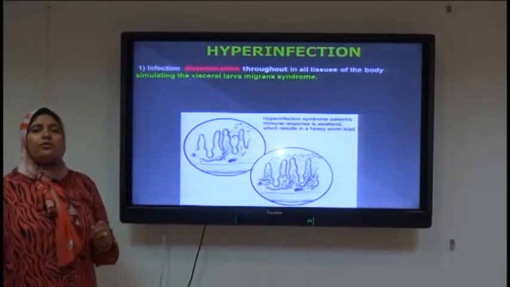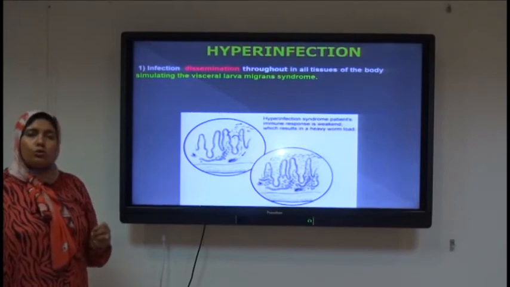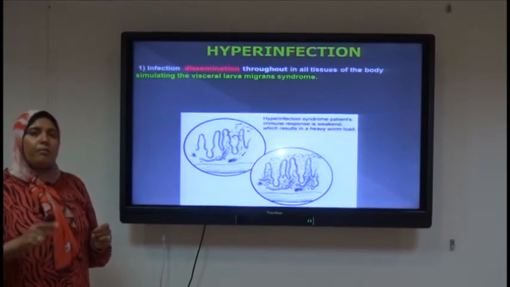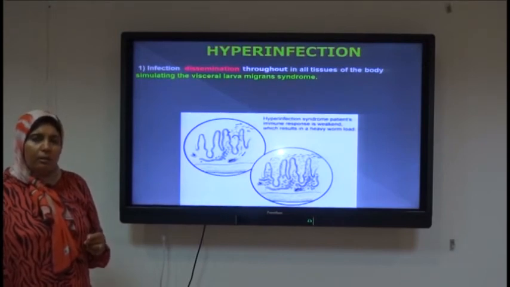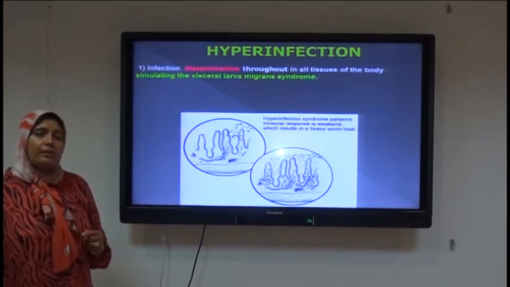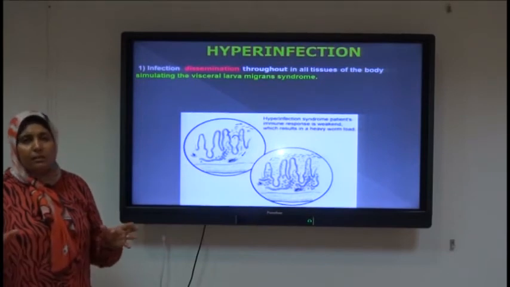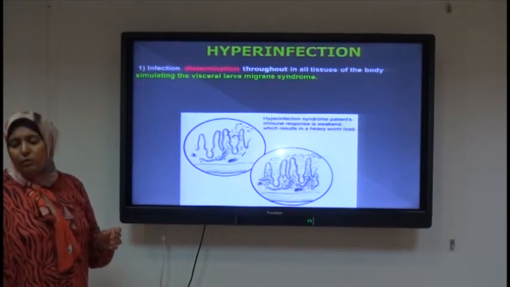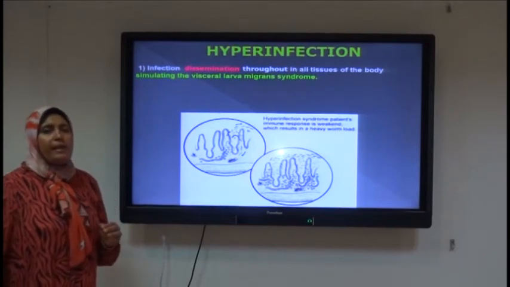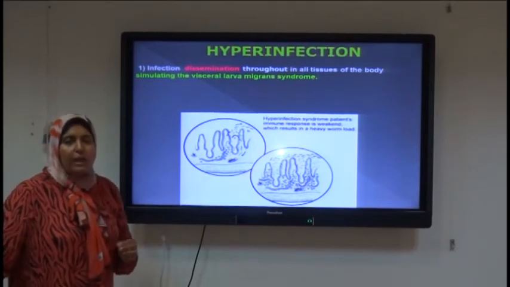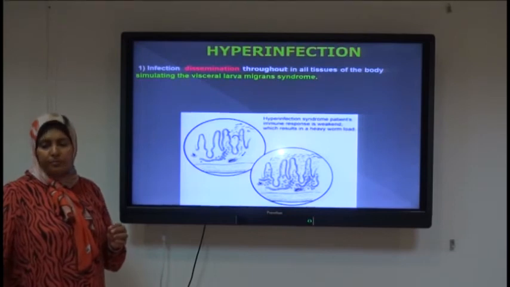It will not be restricted to the normal route, which is from the intestine to the pulmonary tissues, from the pulmonary tissue to the intestine. No, it will disseminate to different organs. And of course, the manifestations will be linked to the type of organ that it will go to.